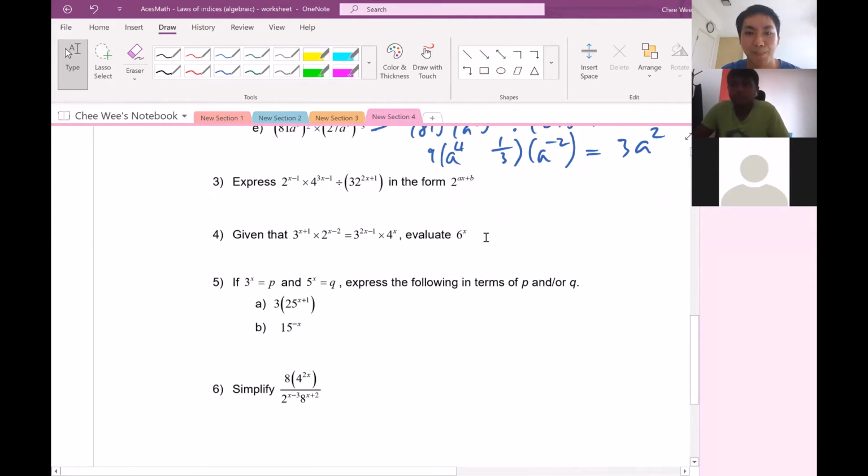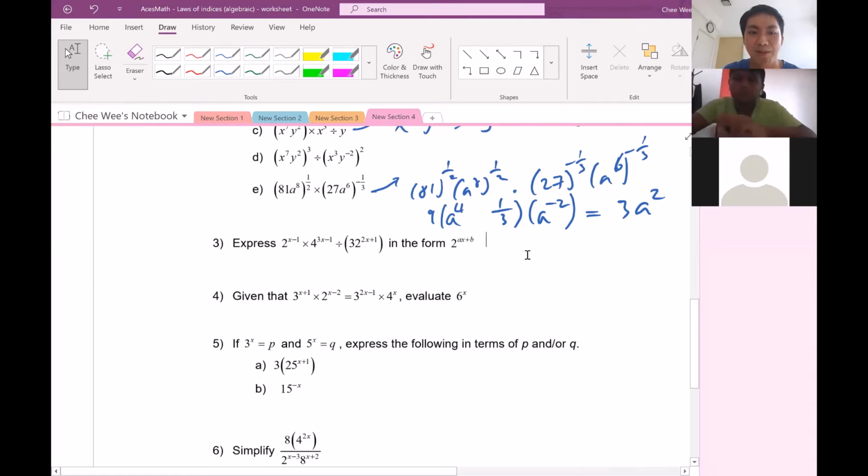Okay. So Pavan, you can try number 3 first. How will you do this kind of question? First, you can multiply the first two. Say that again. But you can't add the first two, right? So what do you have to do then? Then just make 4 to 2 squared, and then it becomes 2x minus 1 times 6x minus 2 divided by 32, which can also be to the power of 2, later is 2 to the power of 5, okay?